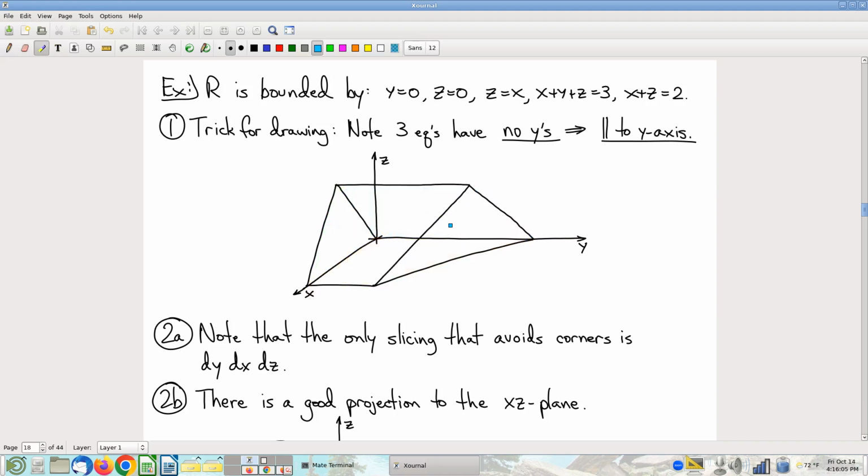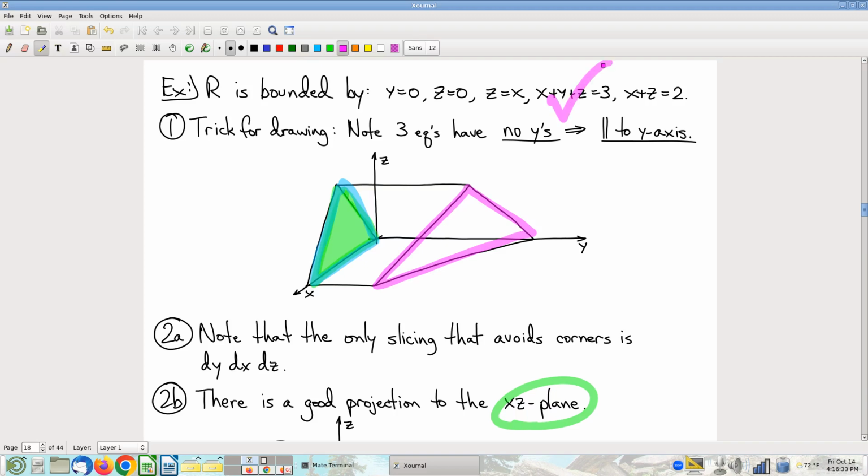All right. There is, however, a good projection, in this case, to the XZ plane. Again, coincidentally, same as before. But the projection to the XZ plane, not only is that shadow nice, but furthermore, the lower bound surface is always that same plane. The upper bound surface is always that plane.